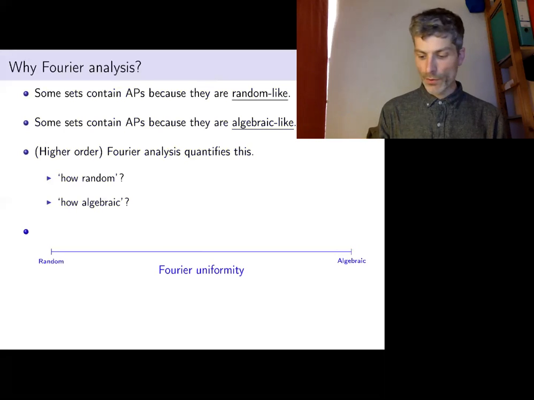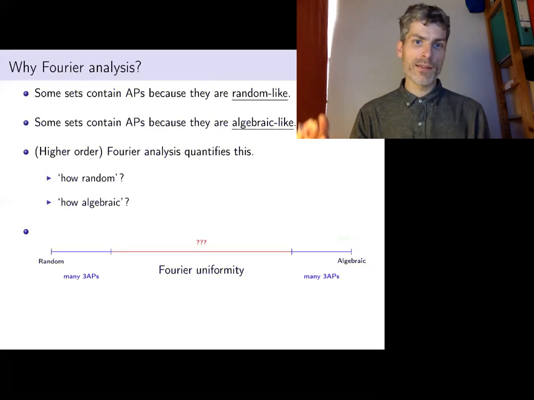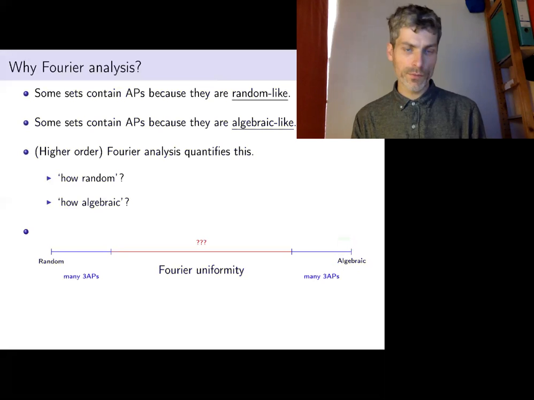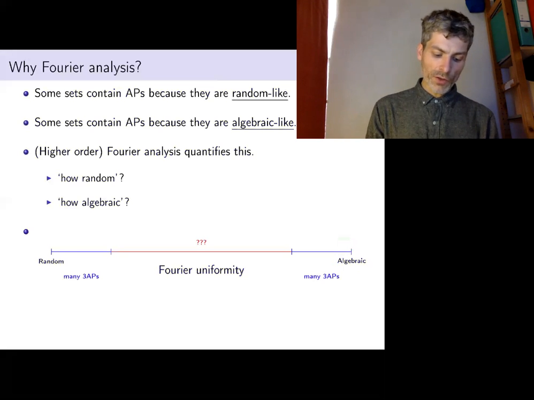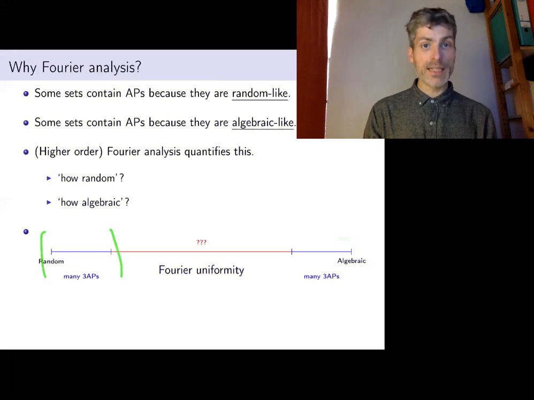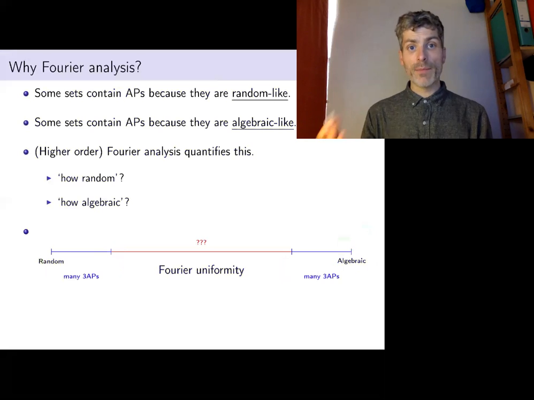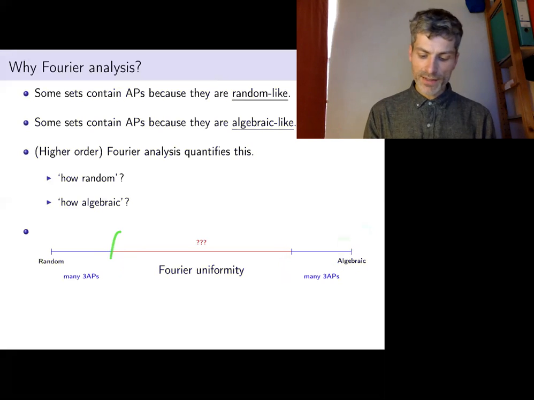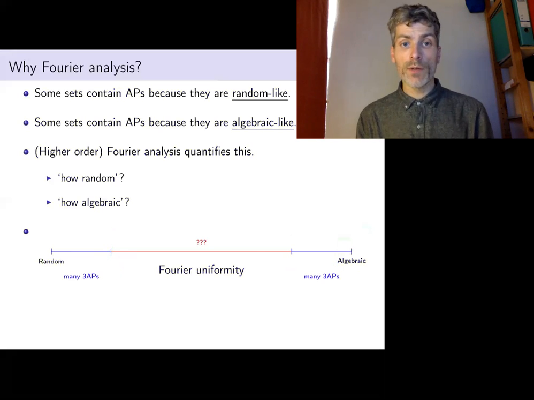Sets which aren't Fourier uniform have some algebraic structure. And in higher order Fourier analysis, you have higher order notions of uniformity. And as I say, it's easy to show that sets which look random-like contain many 3-term progressions. Sets which look algebraic-like contain many 3-term progressions. But what do you do in the hinterland? In this kind of limbo between the two extremes?